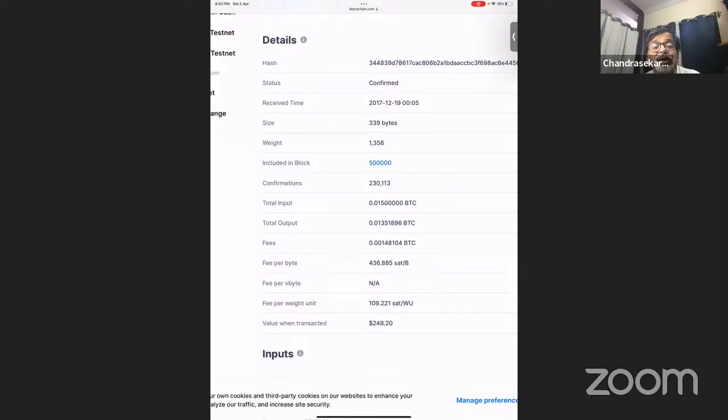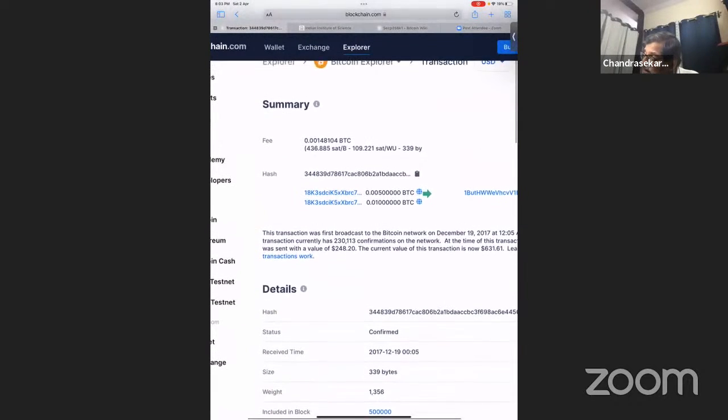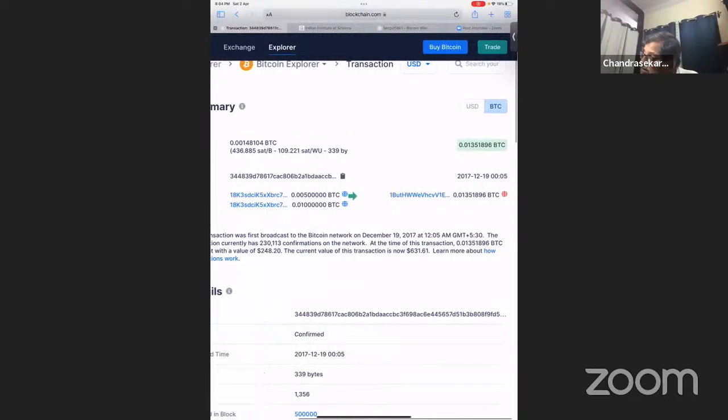Okay. And total input is 0.15. Total output is 0.135. The fee is 0.00148. You can see that this fellow has paid this much fee for this transaction. All right, these are all the inputs. There is only one output.